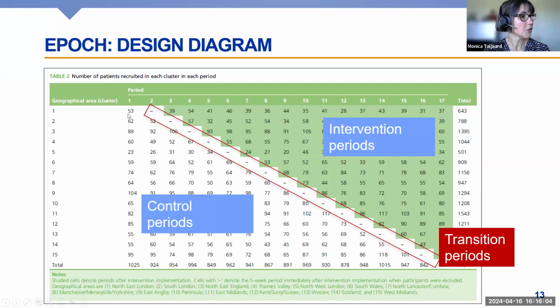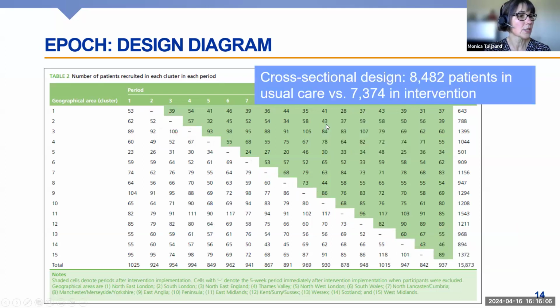So the numbers that you see in each of these cells, that's just the total number of patients who were included in the trial in those periods. And obviously, because this is a continuous recruitment short exposure design, these are all different patients. So 8,482 patients in usual care, 7,374 in the intervention condition. These are, of course, all different patients.